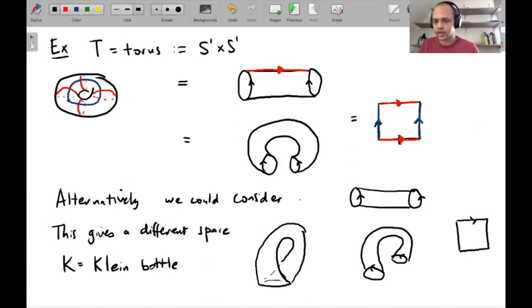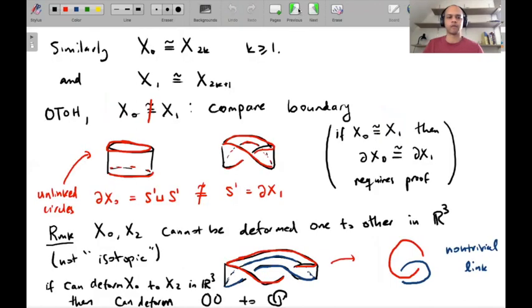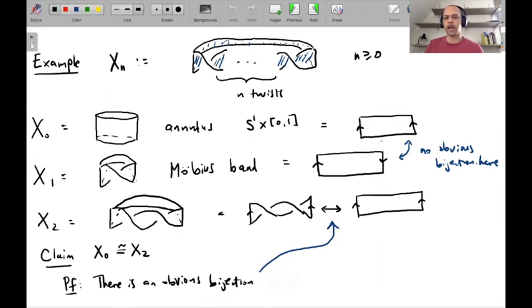like this. So you have the top edges glued as before, but now, if we cut this apart, then what we find is that the orientation here is different. So this is similar to the Mobius band versus the annulus. These differ by a different choice of gluing.